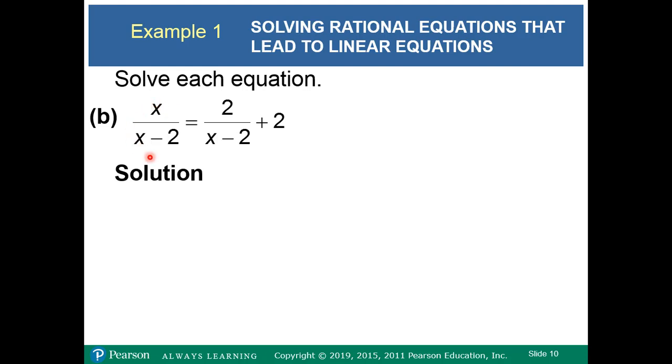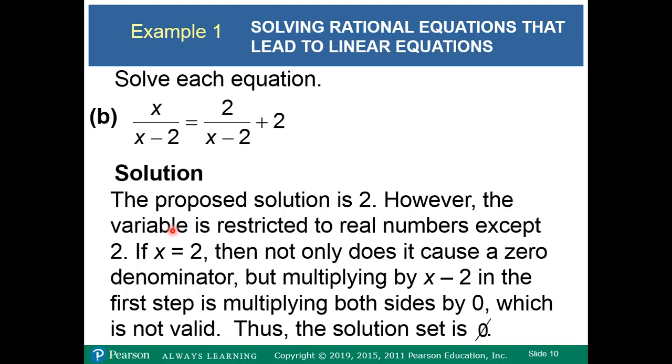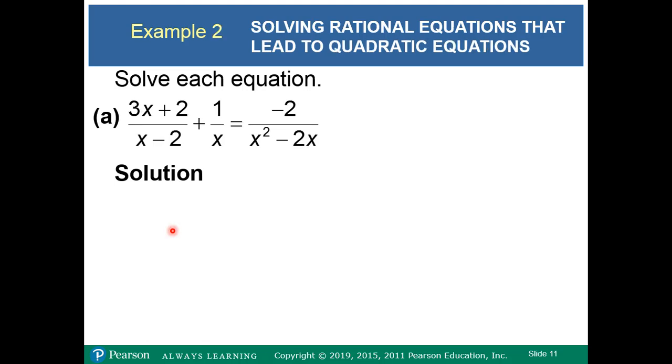Well, look at this. This is the same here, and this is the same here, except we got plus 2. So if you want to do a u substitution, say this is u, and this is saying u is equal to u plus 2, which is never going to be true. So you can see this is a contradiction, and therefore there will not be any solutions. But we just showed the same thing. So this is the empty set. The solution set is the empty set, or the null set.